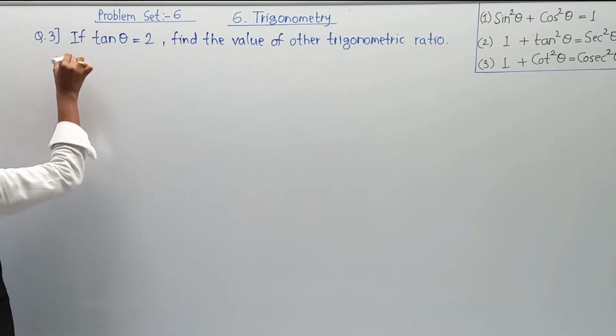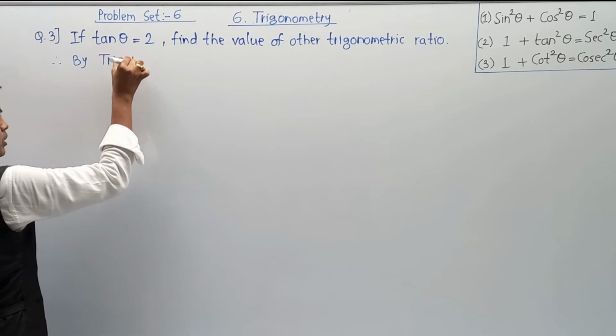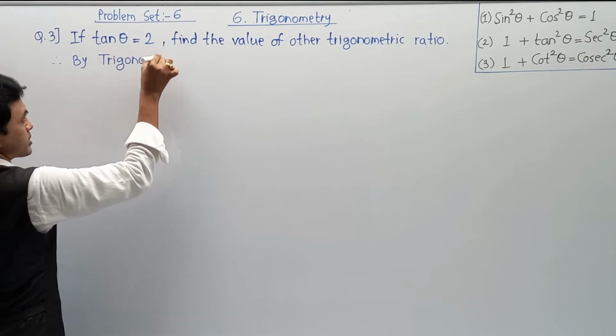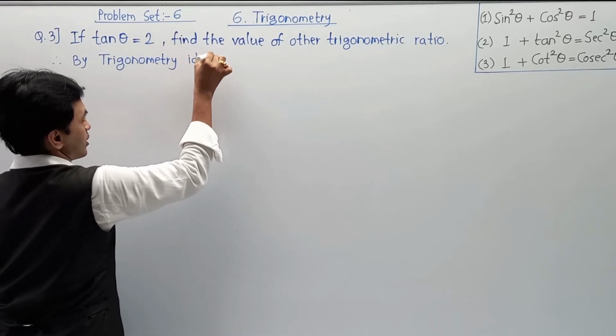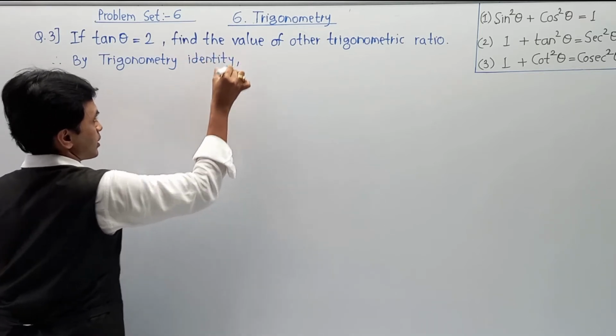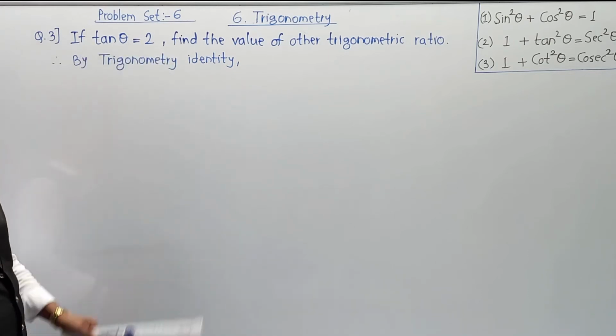Therefore, by trigonometry identities, we have a property that 1 plus tan square theta is equal to sec square theta.